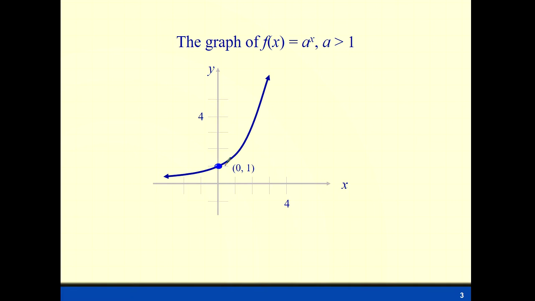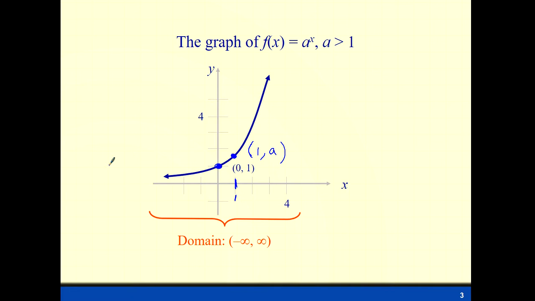Now, the next point that's going to be really important is, whatever your a is, when you plug in 1 for x, the other coordinate you're going to be looking for is (1, a).